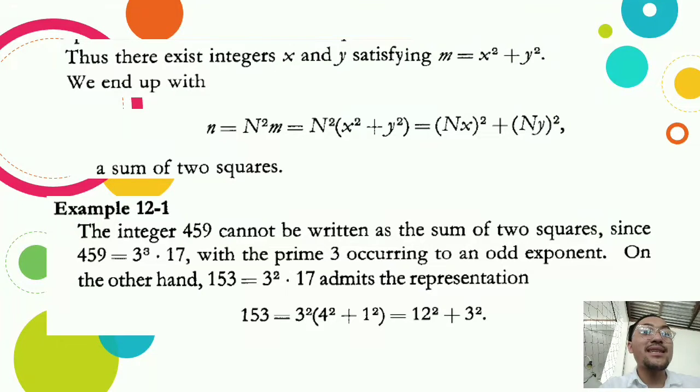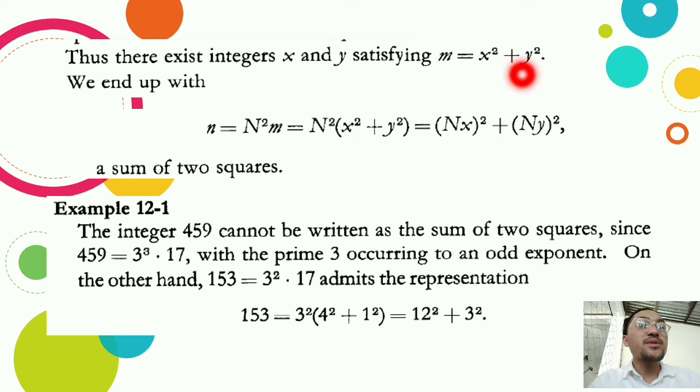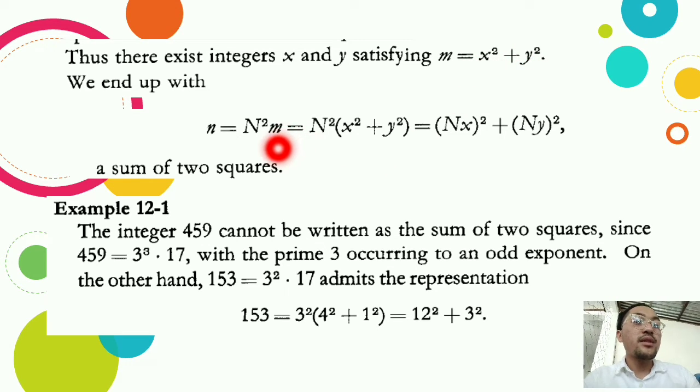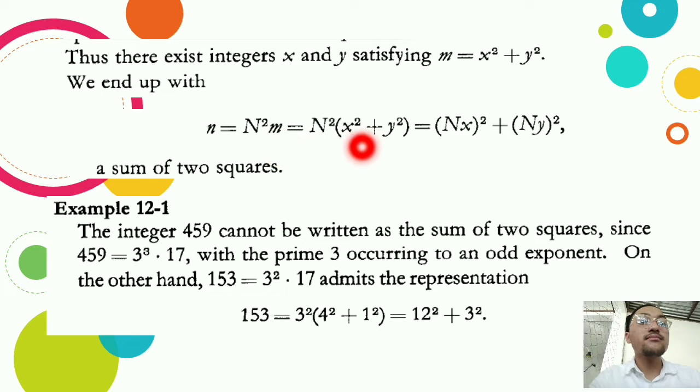Thus, there exist integers x and y satisfying m equals x squared plus y squared. We end up with n equals N squared m, and we substitute x squared plus y squared for m. So we have then the square of Nx plus the square of Ny, a sum of two squares.